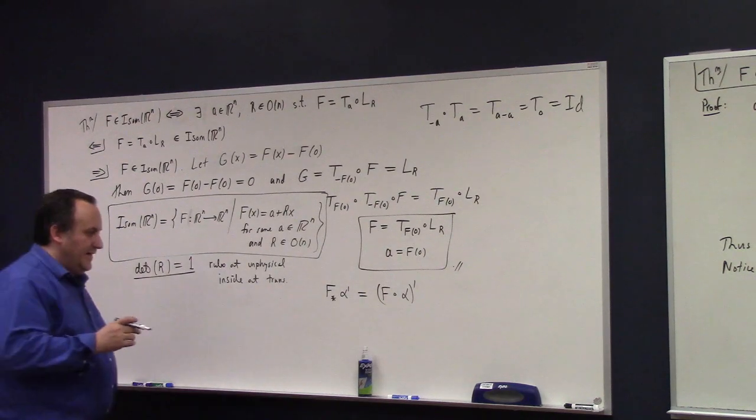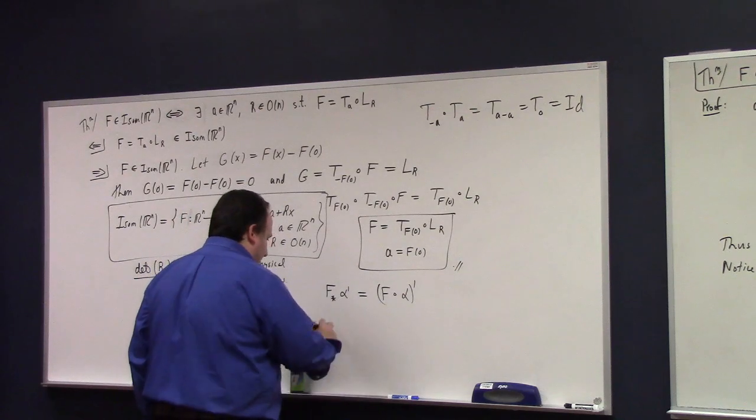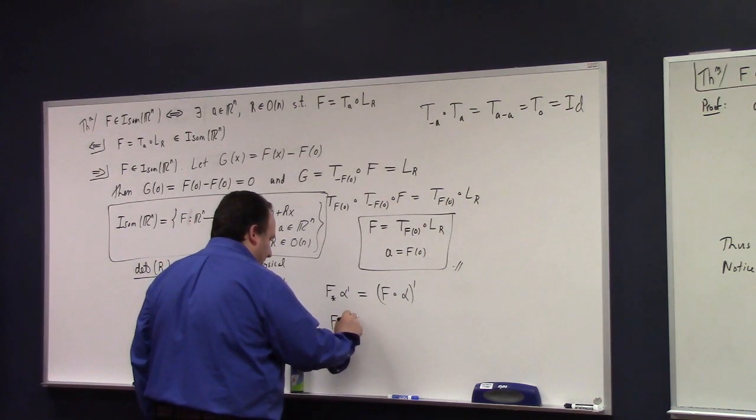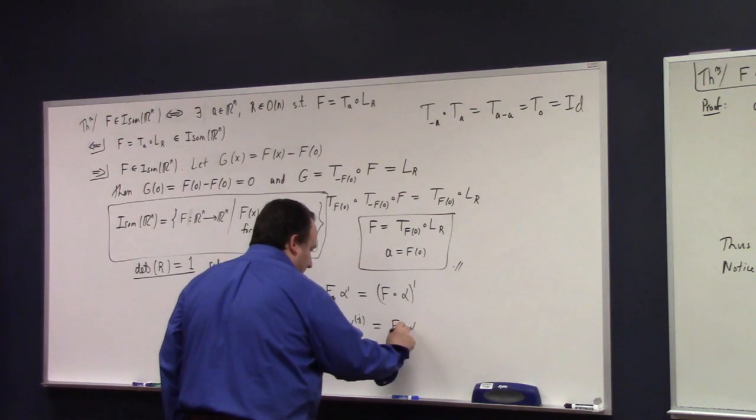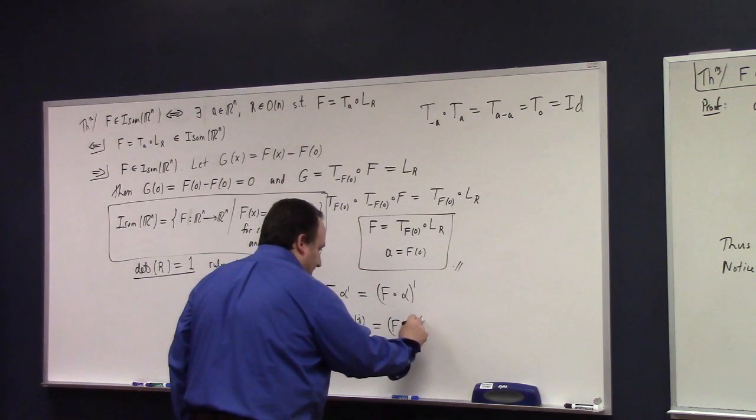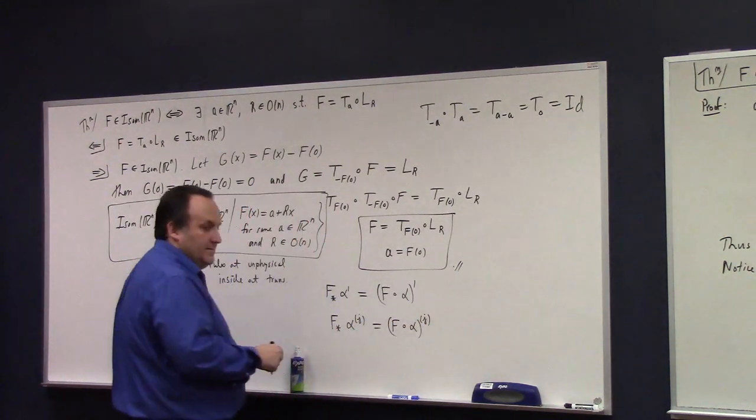But we can prove, actually, that if F is an isometry, the push forward of the, let's say, jth derivative is equal to the jth derivative of that.